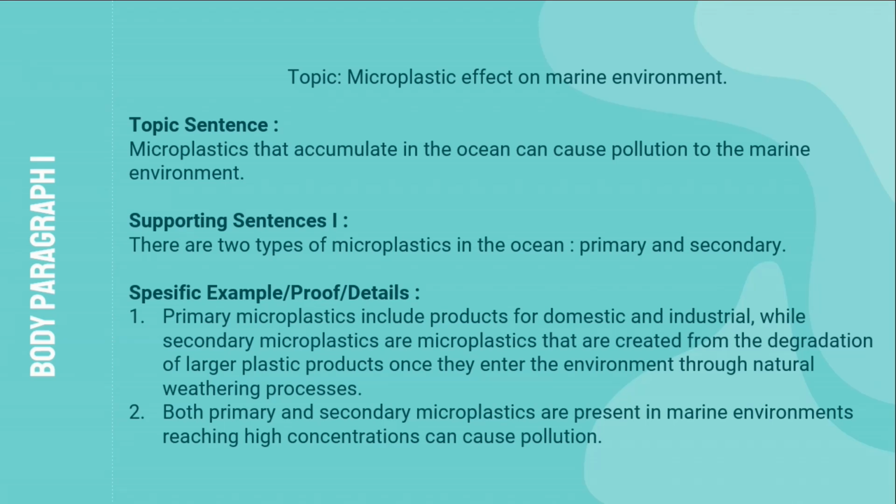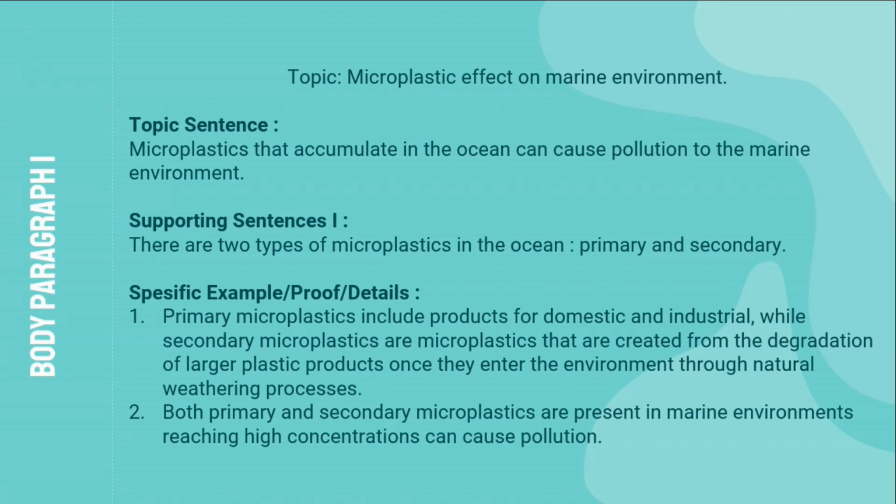It is important to include the types of microplastic in body paragraph 1 to give an illustration or example of the microplastic which can cause pollution in the marine environment. To provide a more detailed explanation of the supporting sentence, it will be explained in the specific example, proof, or detail section, also called an explanatory or elaborating sentence.